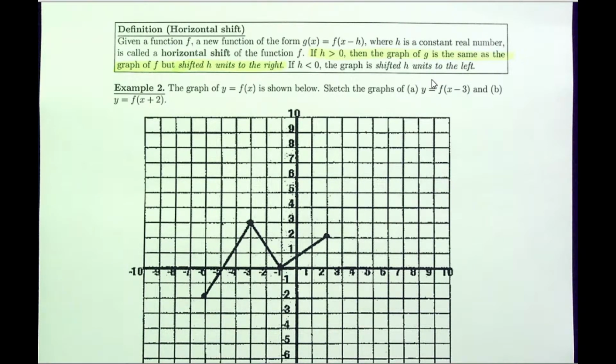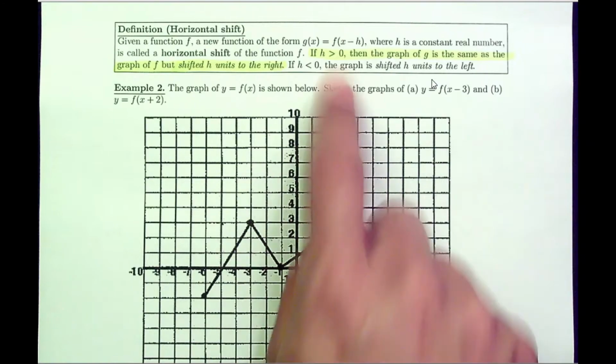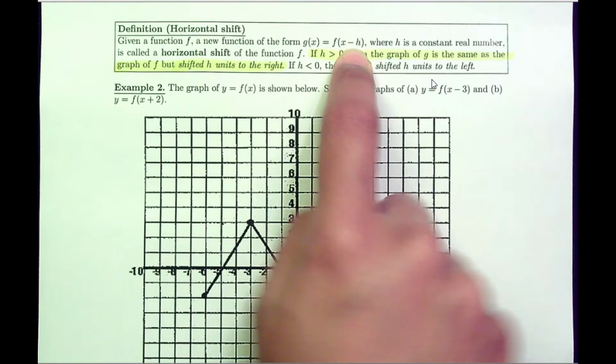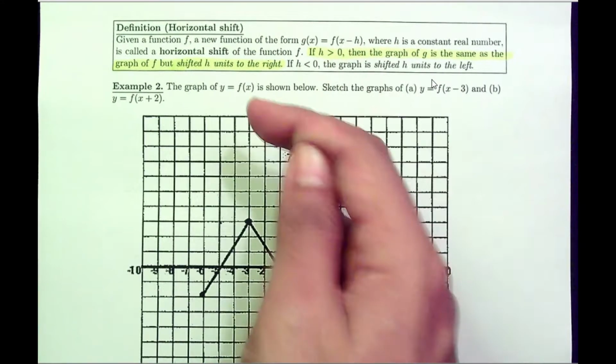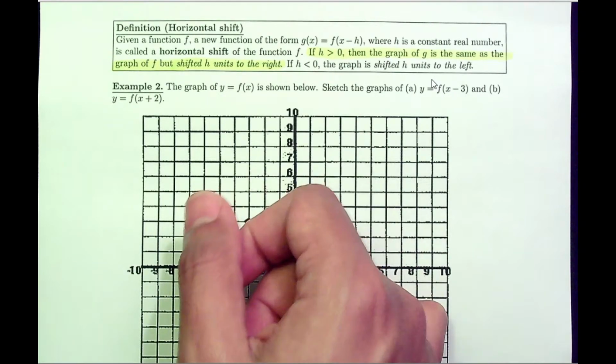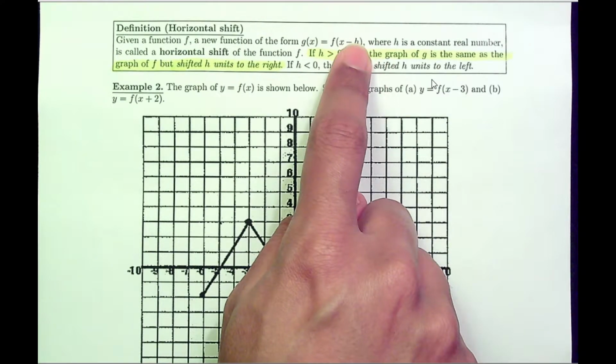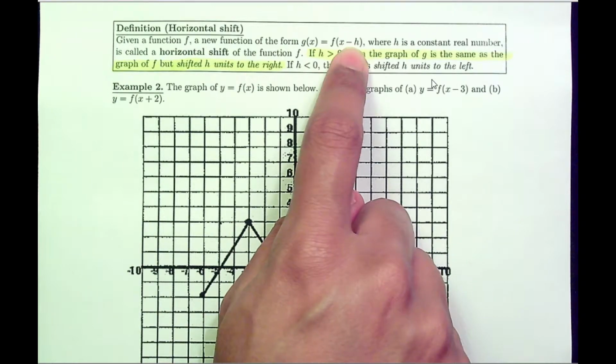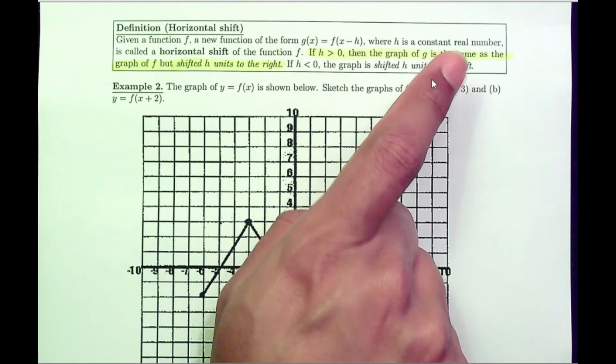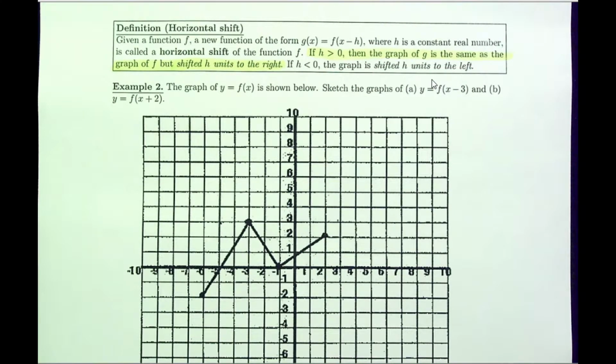Having a plus 5 inside means the graph is going to move left by 5. If you have a minus 5 inside, the whole thing is going to move to the right. So it's the opposite of what you would expect.